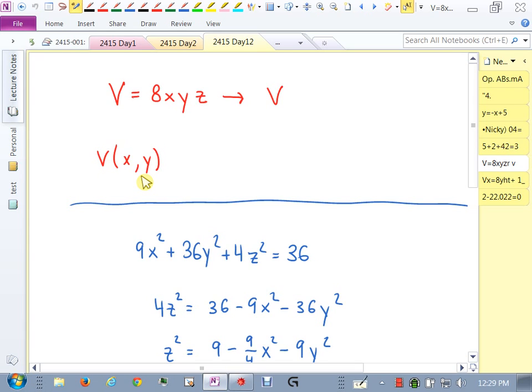Where we're headed, though, is that we will not have to take it to this because we will have a volume as a function of 3 variables, right? And our constraint is that you must live on an ellipsoid, which means our constraint equation is here, and our f function is that.